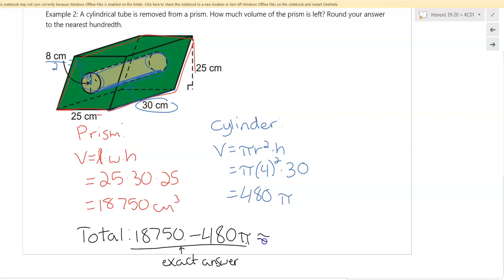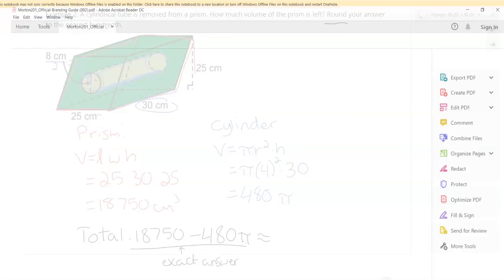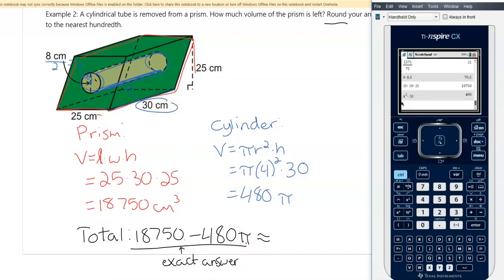However, it's asking us to round, so we're going to approximate by typing it in our calculator. Sorry, I keep opening the wrong thing. 18,750 minus 480. Pi is over here next to h.